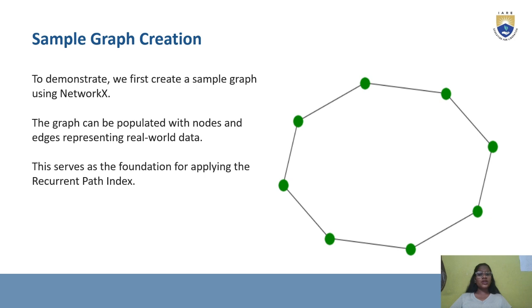The graph can be populated with nodes and edges representing real-world data. This serves as the foundation for applying the recurrent path index. Here we have a complete graph without any cutting, which consists of nodes and edges, and which is complete. This is basically considered as a foundation for applying the recurrent path index.